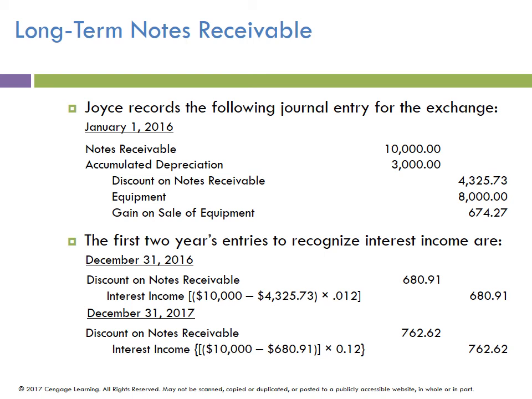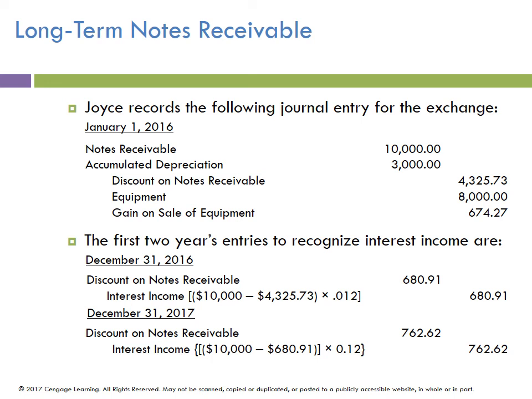Subtract that from 10,000. So the current carrying value, which is what you determine interest on, would be $6355.18. Multiply that by 0.12, 12%, and you get $762.62 as the amount of interest.